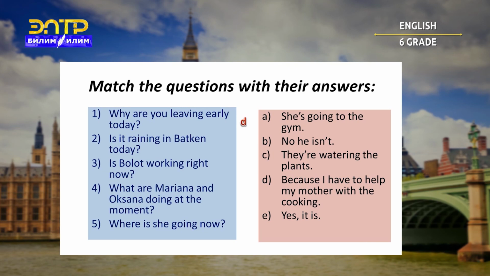The answer is E. Yes, it is. Number 3. Is Bolot working right now? B. No, he isn't. Question number 4. What are Mariana and Oksana doing at the moment? C. They are watering the plants. Number 5. Where is she going now? A. She is going to the gym.